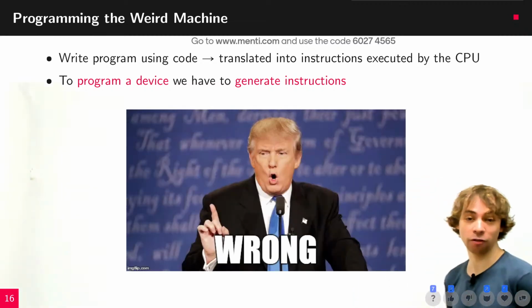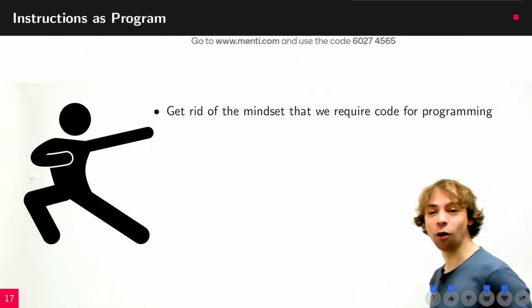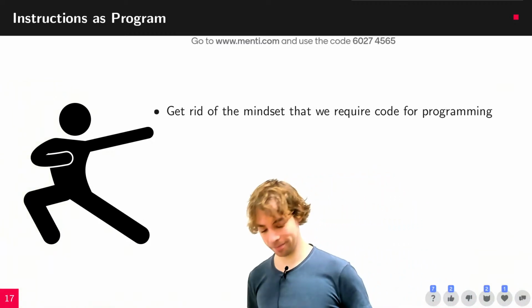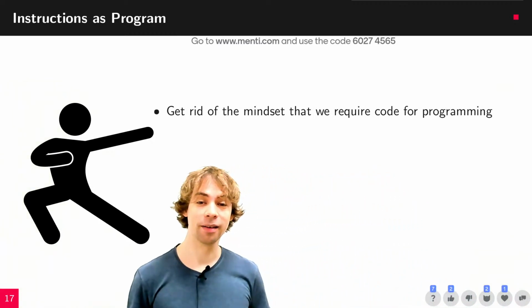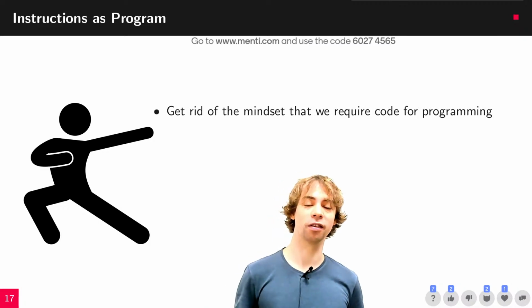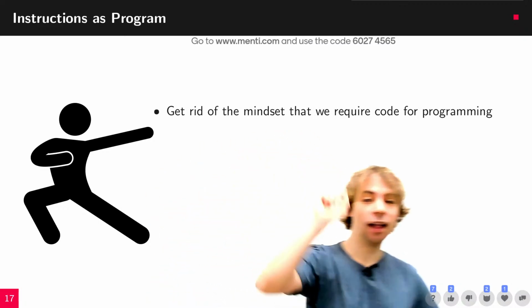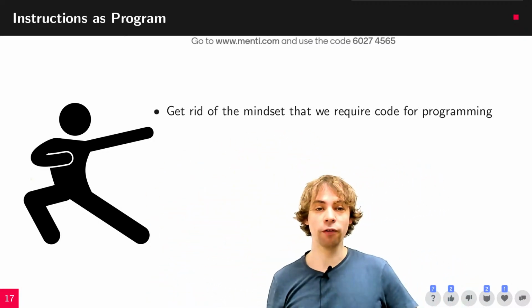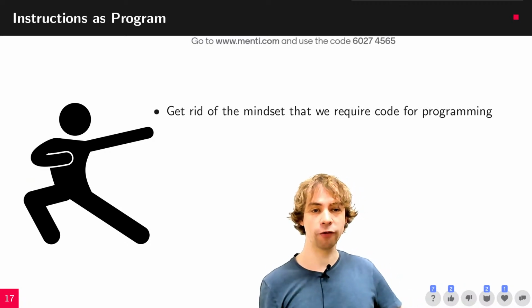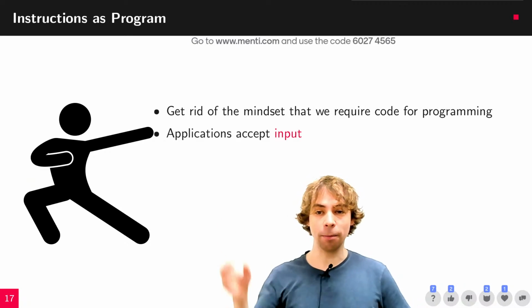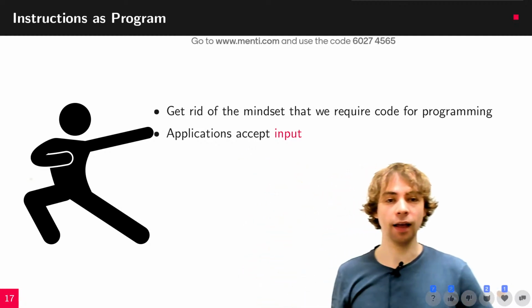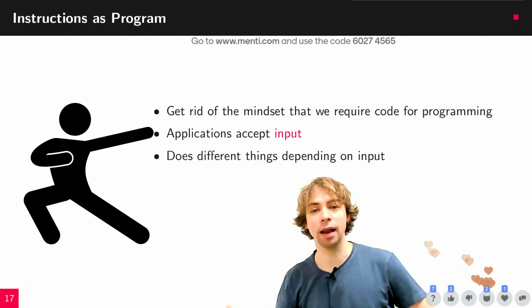But it's wrong, right? We can also program a computer without instructions. So we need to get rid of the mindset that we require code for programming. Code is not required for programming, right? Applications accept input, and they do different things depending on the input.